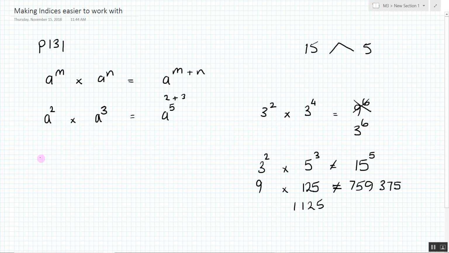So 3 squared is 3 times 3, but put those in parentheses. Then you do times, and then brackets 3 to the power of 4, so that's 3 times 3 times 3 times 3.